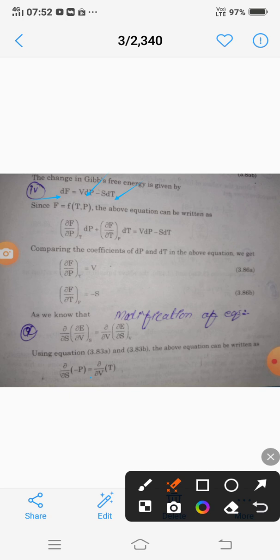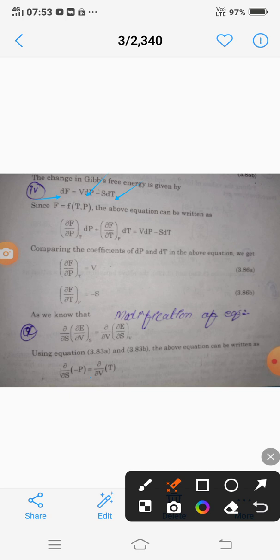As we know that modification, now we are going to modify the equation that we obtained in segments 1, 2, 3, 4. I have numbered in the picture that form of the derivation. In the first segment of the derivation, from dE equal to minus PdV plus TdS, we modified the equation and obtained it in the other form.